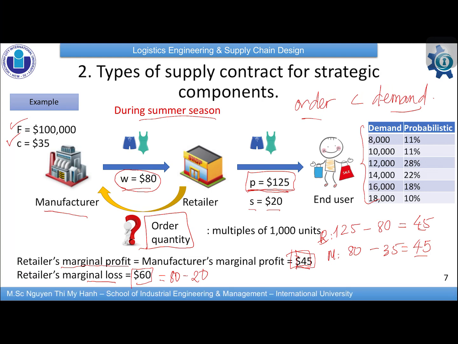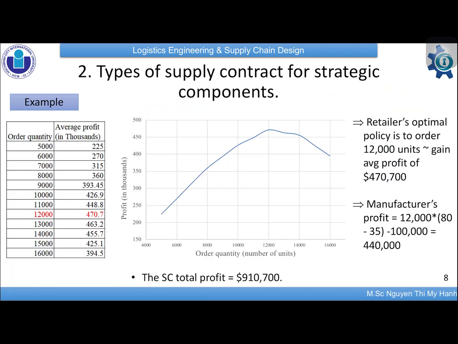Okay, so now I will show you how to calculate this. So let's say the order quantity runs from 5,000 to 16,000, and I try to see which one will give the retailer the highest profit.